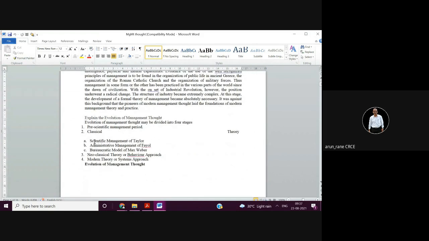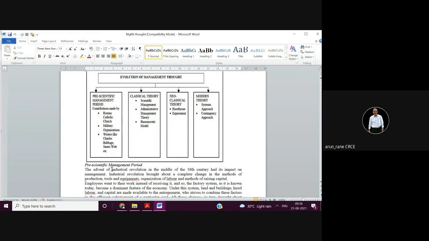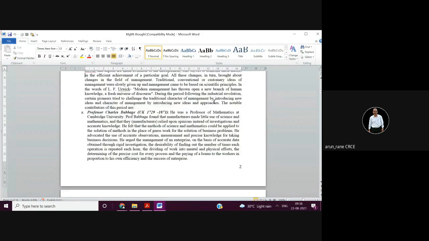What is the scientific management of Taylor, what is the administrative management of Fayol, then the bureaucratic model of Max Weber, what exactly is the evolution of management thought, how it was evolved from the pre-scientific management period to modern theory. Who are the different contributors?